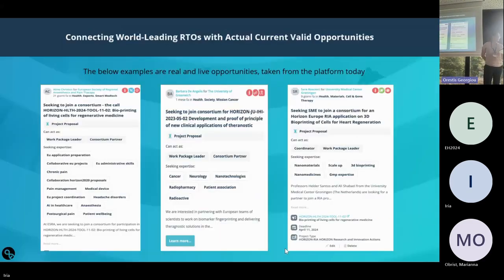So here are some examples that I took from the platform today. These are members of the platform, the ones that I just mentioned, that are seeking either to join a consortium or they are seeking partners for a proposal that they're preparing. So users can basically post their ideas or reply to a post and say that they're interested in joining a consortium.